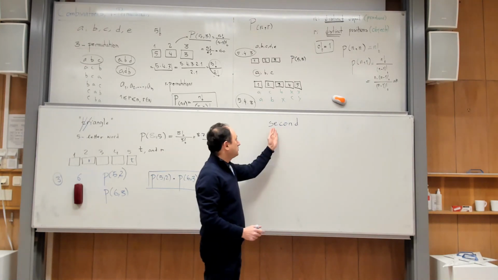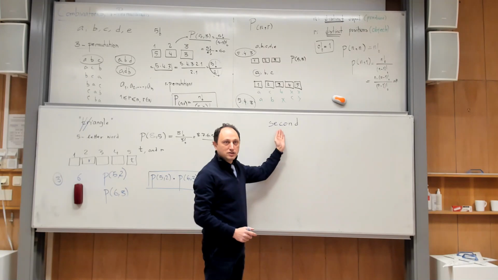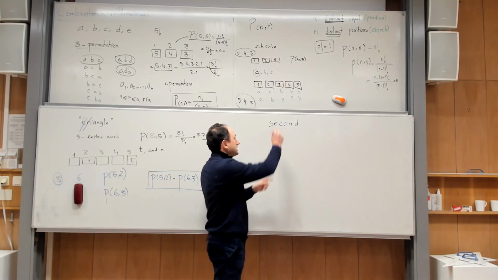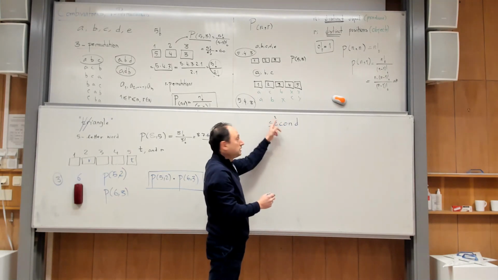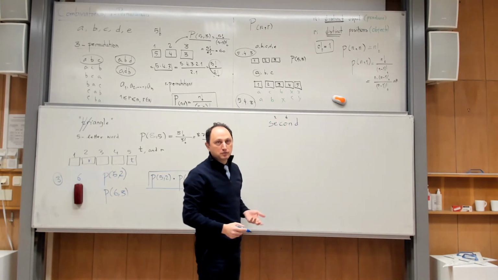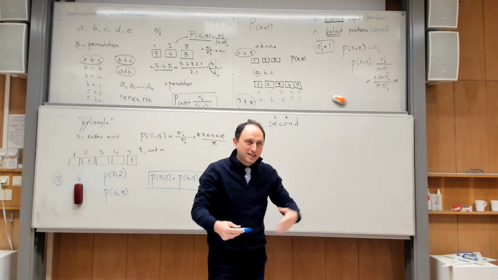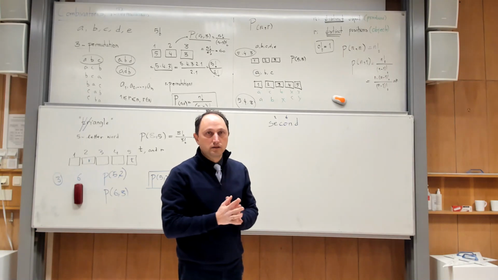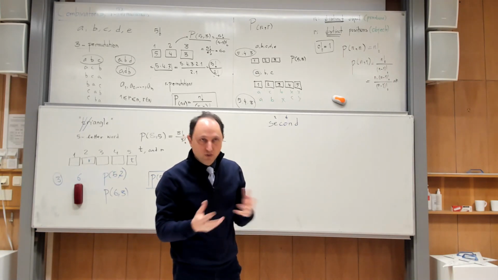So for example, one of them is the word second itself. Because I have only 2 vowels, the position for E is the second one, which is even, and O is the 4th one, which is even. So that is acceptable. How many of these acceptable ones do I have? Is the question clear first?